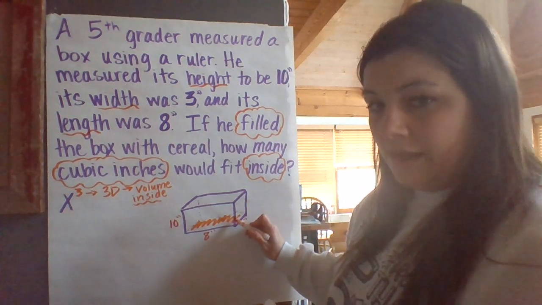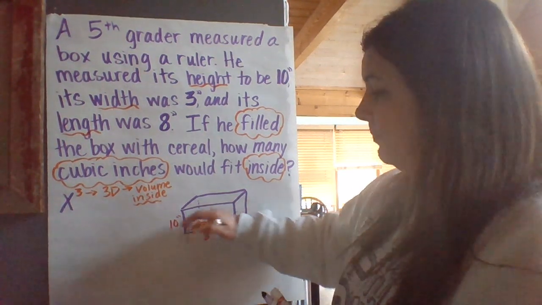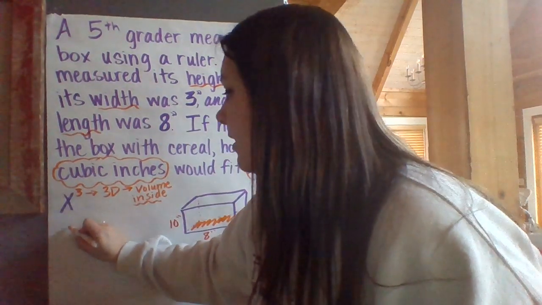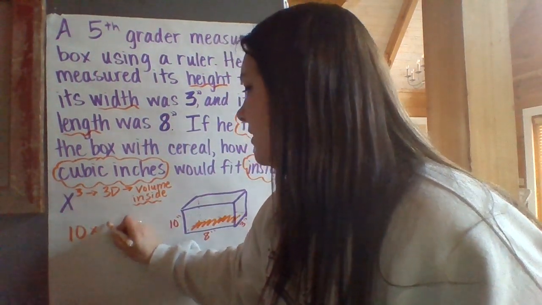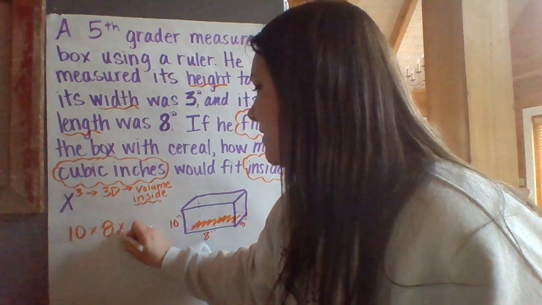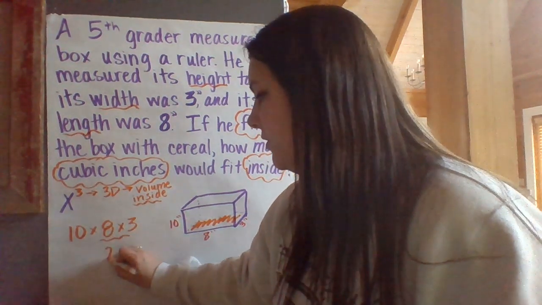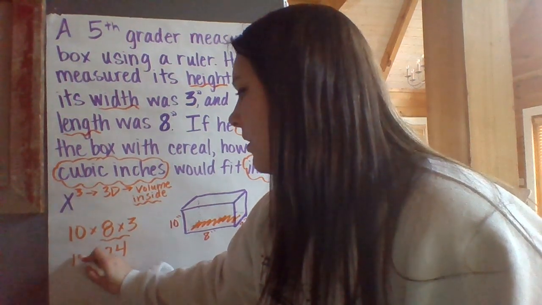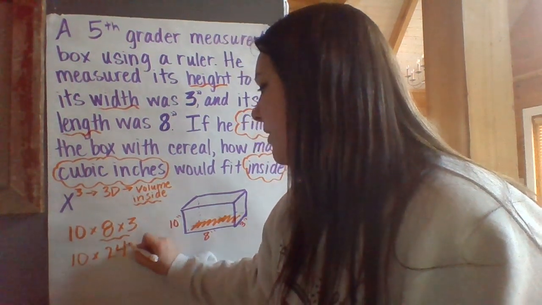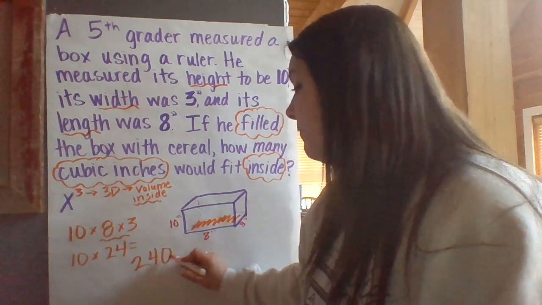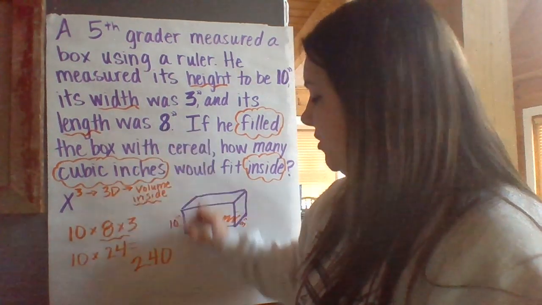So 8 times 3 is 24, times those 10 layers is 240. Let's check our work. 10 times 8 times 3. And what I just did was 8 times 3 is 24. 10 times 24, 240 inches.